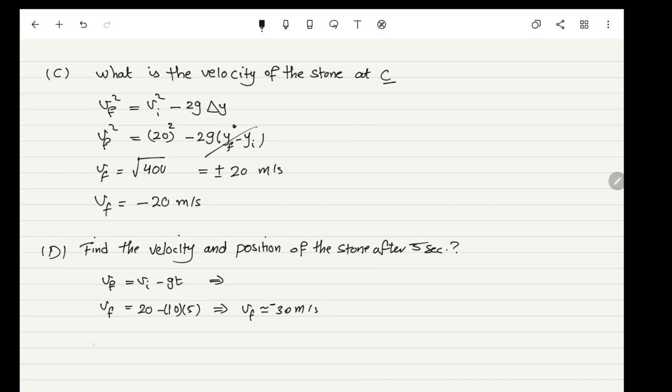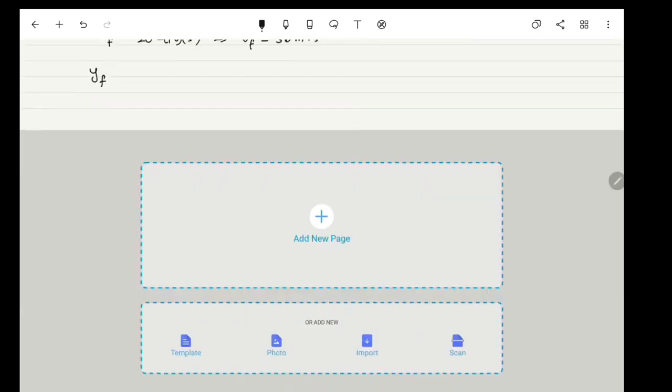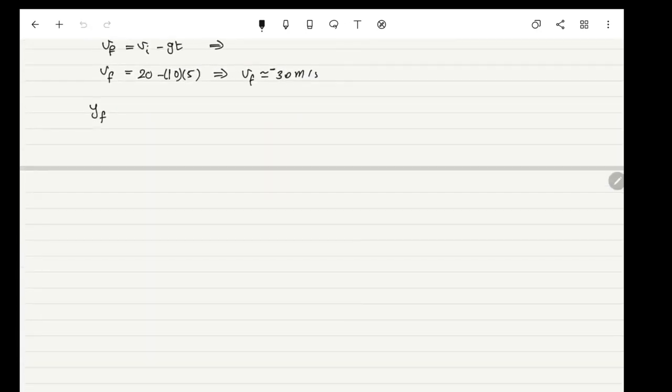Now to find the position, Y final equals Y initial plus V initial T minus half G T squared.